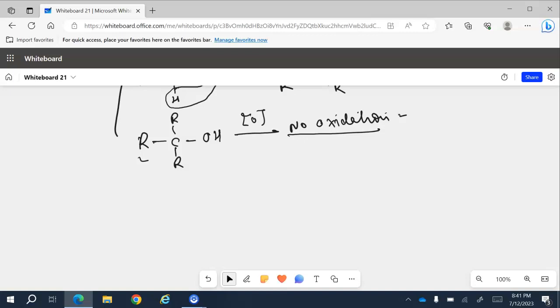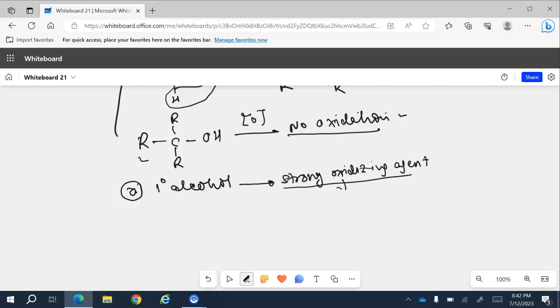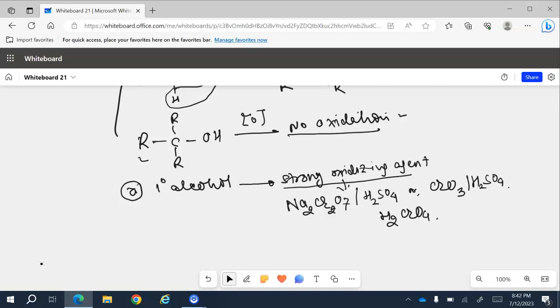Say, for example, for the oxidation reaction of primary alcohol, as we said, if we use a strong oxidizing agent, very common strong oxidizing agents are sodium dichromate in presence of sulfuric acid, or you can use chromic oxide in presence of acid, or simply chromic acid, or even potassium permanganate, KMnO4.